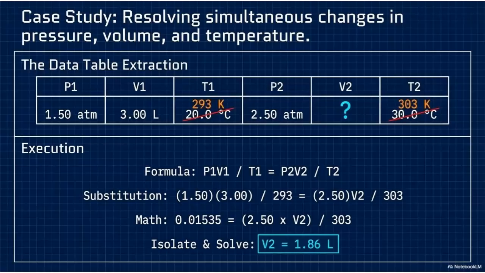The same way, I'm going to find the one that we don't have and solve for that one. So P1 V1 over T1 equals P2 V2 over T2. I have to solve for V2, so I'm going to multiply both sides by T2 divided by P2. That way, I leave the V2 alone.